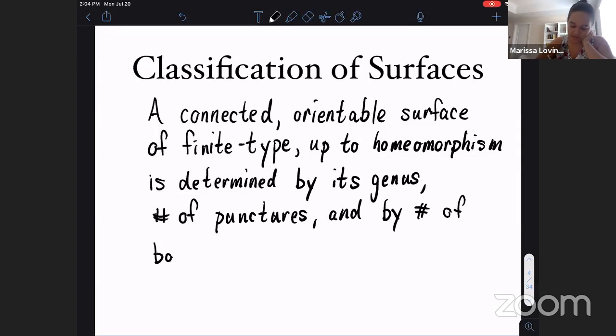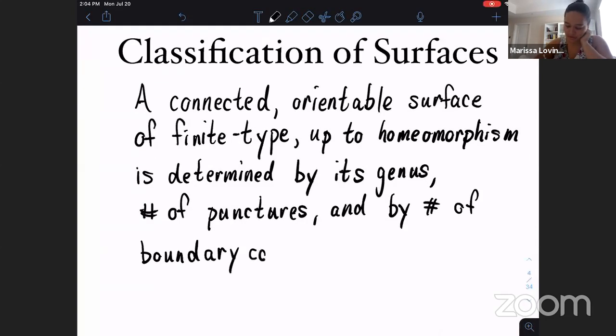So really there's just these three numbers that parameterize this space of surfaces that I'm going to be considering.